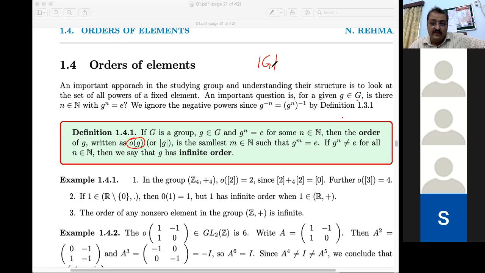When we say O(g), we are denoting the order of this element, not the order of the group. So these are the notations.